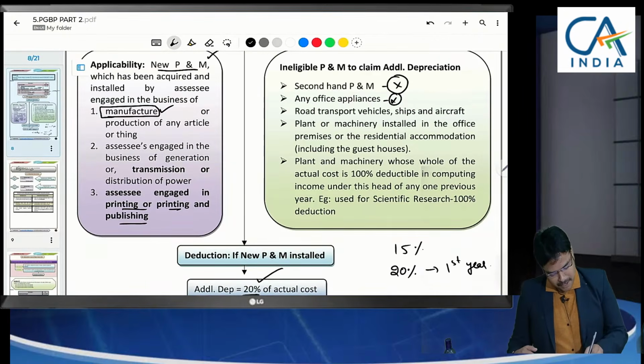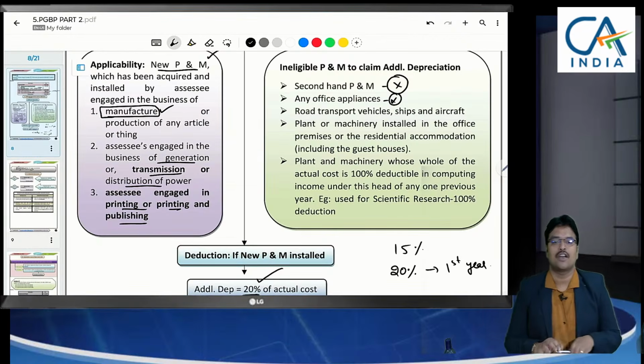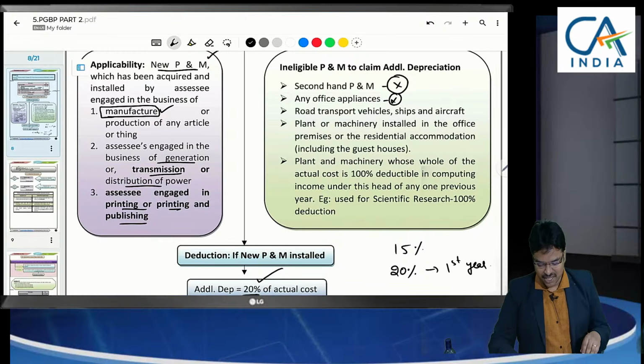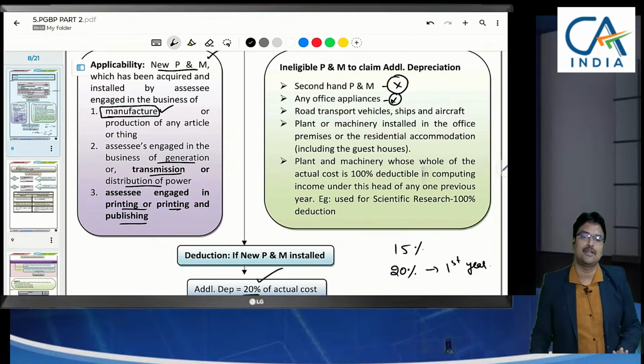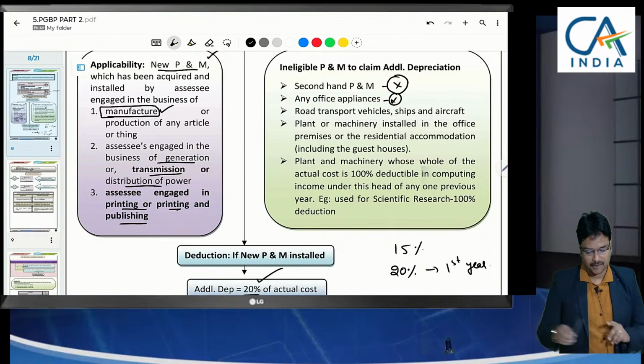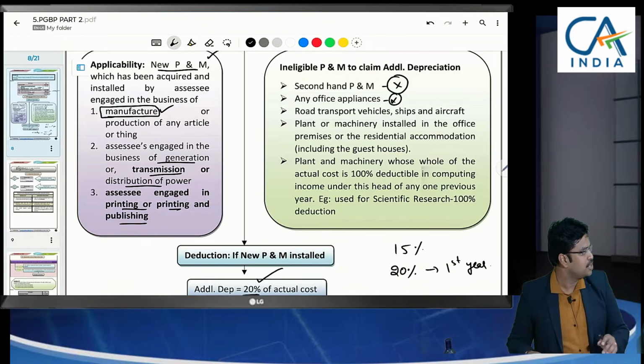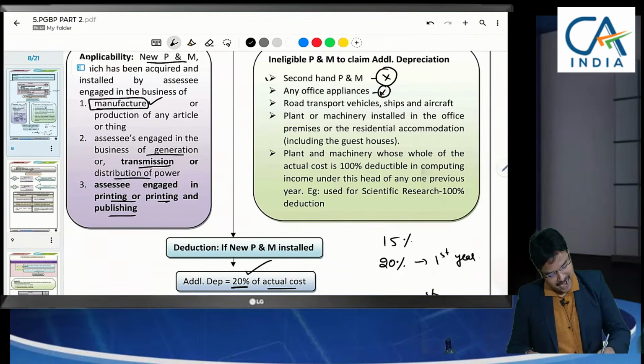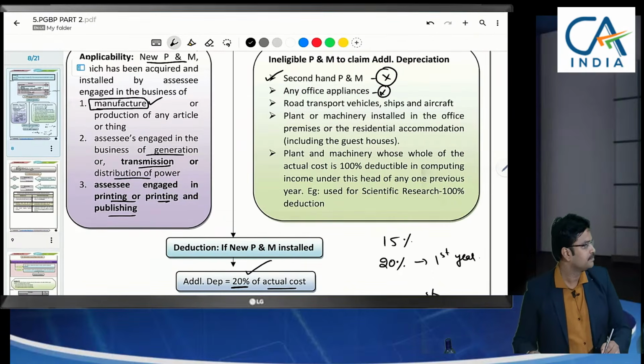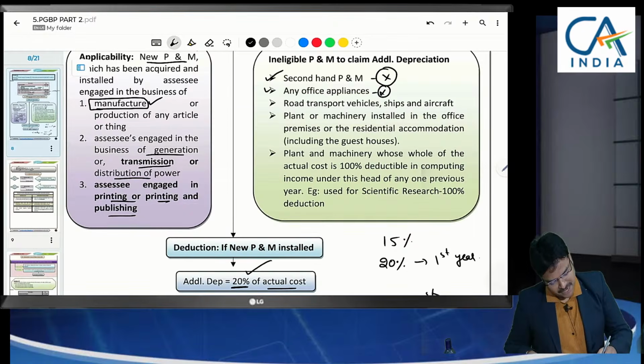Next, power manufacturing units, generation or transmission or distribution of power. Power generating units also can claim additional depreciation. Now, what is ineligible? Second hand plant and machinery is ineligible, and any office appliance is also ineligible.